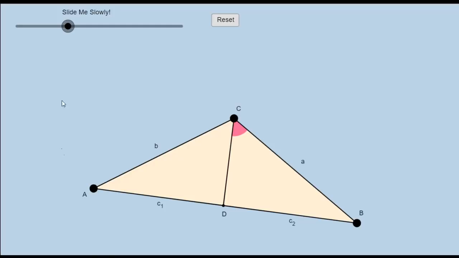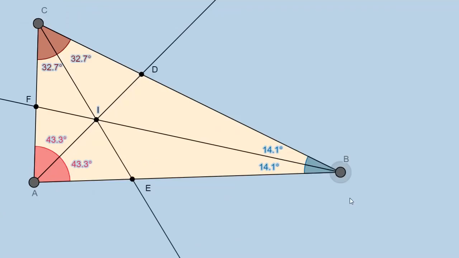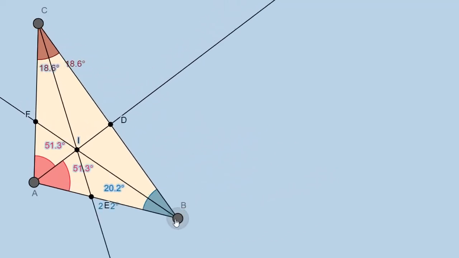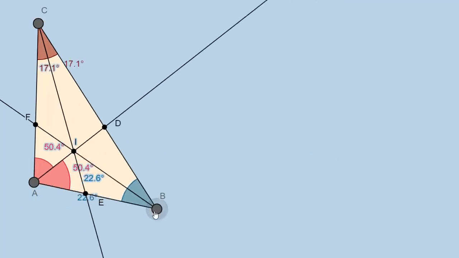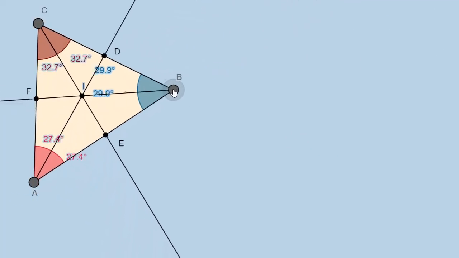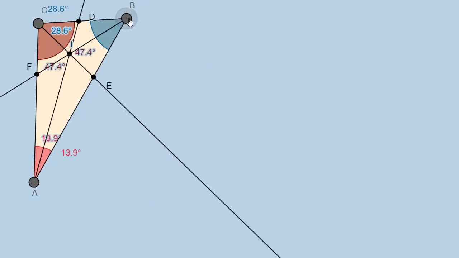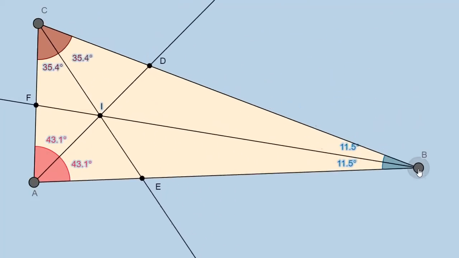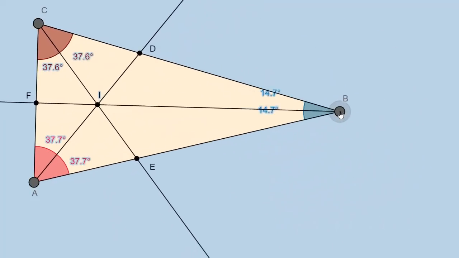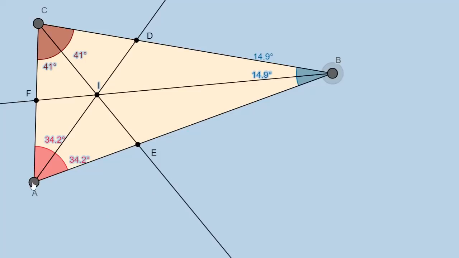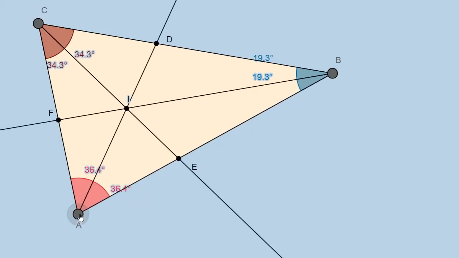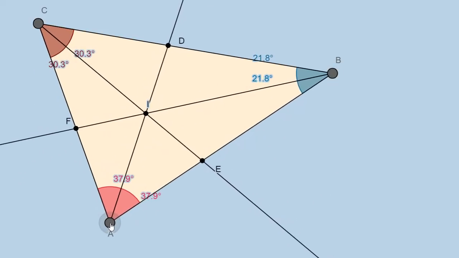All right. So now, let's take a look at what happens when we have more than one angle bisector. If I've got more than one angle bisector, you'll notice that no matter what kind of triangle it is, acute or right or obtuse, the incenter, the point where they meet, is always inside. So that's something we have to remember.